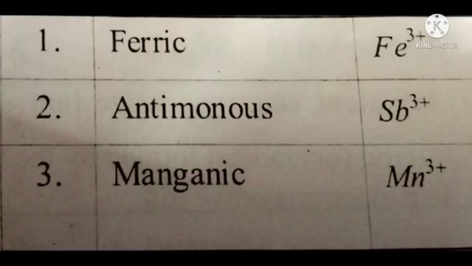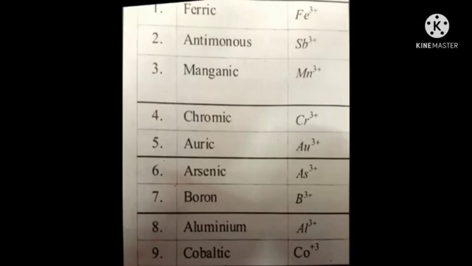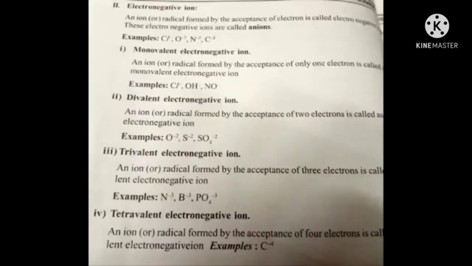Sn plus 2. See here, these are the examples of trivalent cations. Okay, ferric, Fe3 plus, that means they are losing 3 electrons. Okay, chromic, Cr3 plus. Boron means B3 plus.